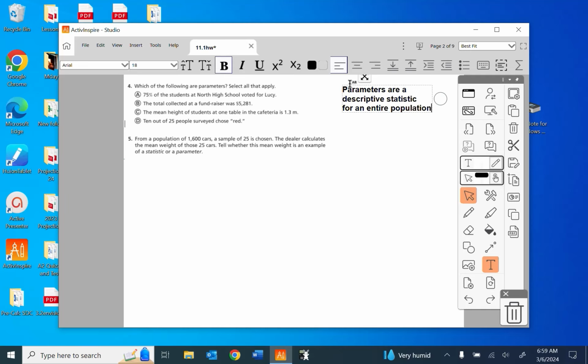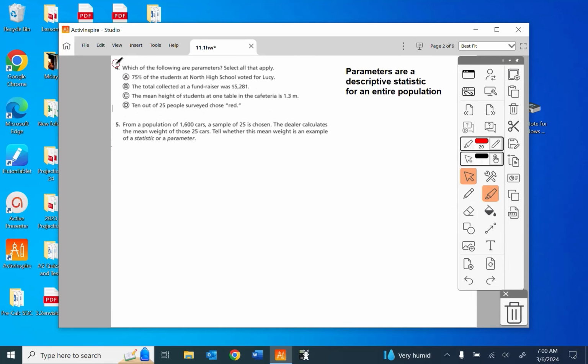So 75% of the students at North High School voted for Lucy. I would call that a parameter. It's talking about all the students there. Total collected at fundraiser was 5281. That's nothing. The mean height of students at one table in the cafeteria is 1.3 meters. Yes, because it's only talking about the students at that particular cafeteria.